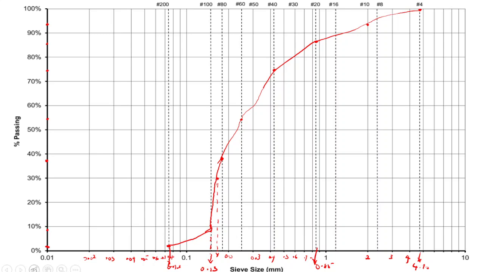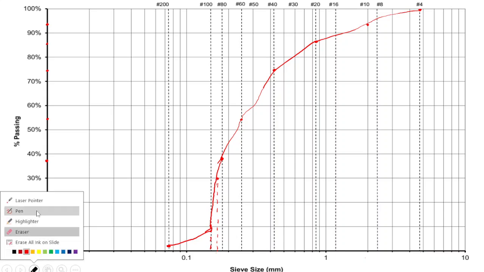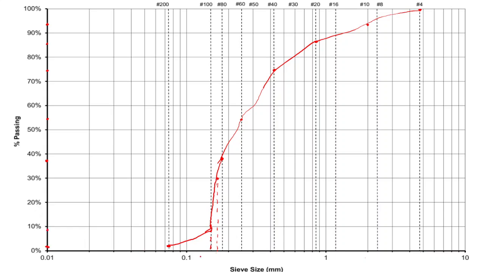Let me clean so we can have space. This is your D10, this is your D30. For your D60, this is the point where it intersects.